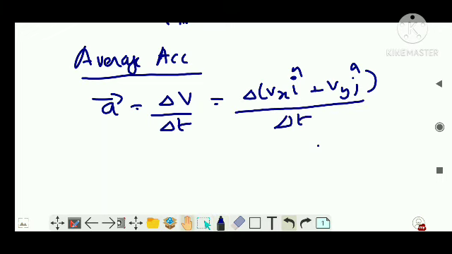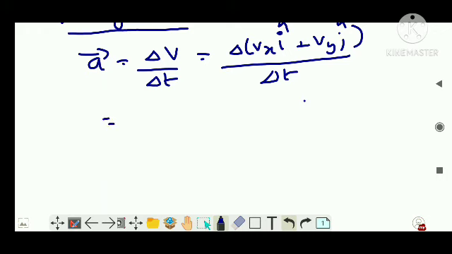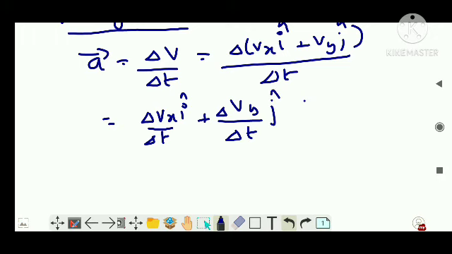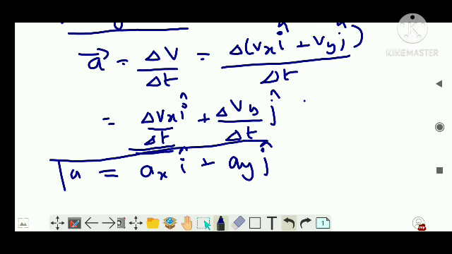Now I give delta t for both, so it becomes delta Vx i cap by delta t plus delta Vy by delta t j cap, right? Now what is change in velocity in x direction by change in time? That is acceleration in x direction plus acceleration in y direction in j cap. That is your average acceleration.